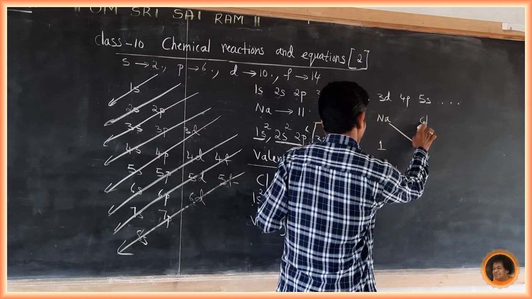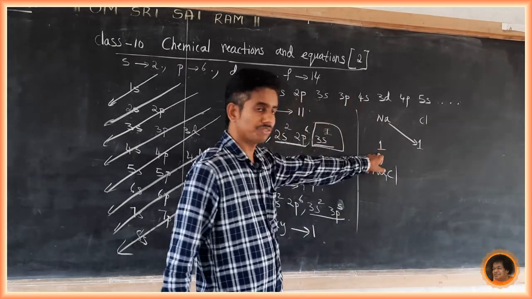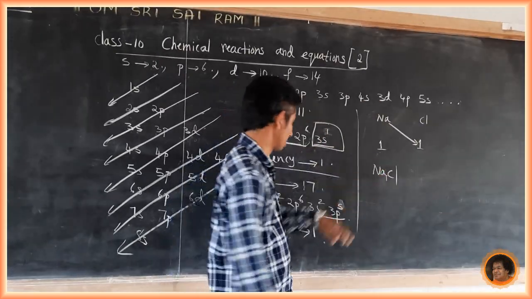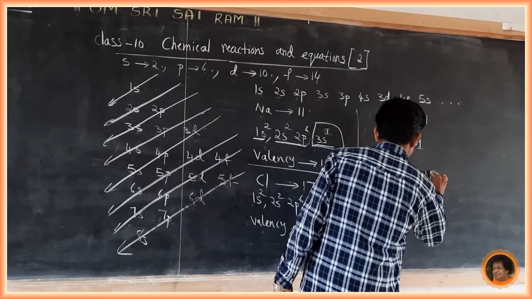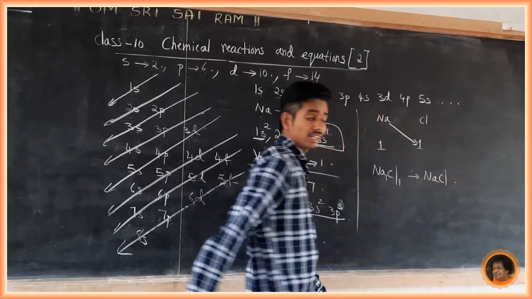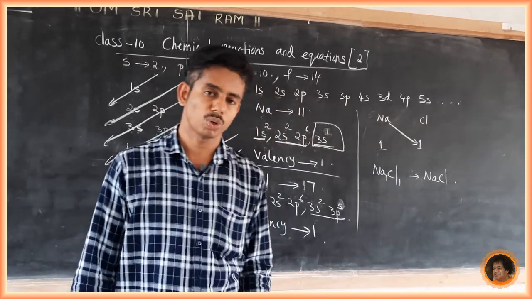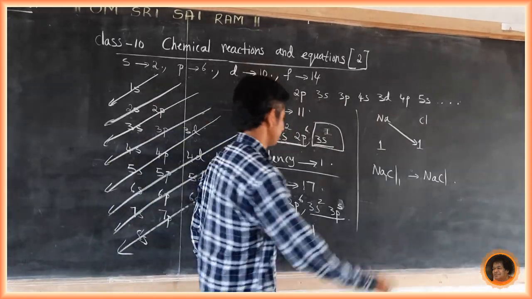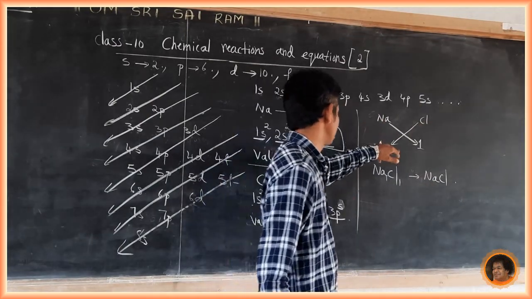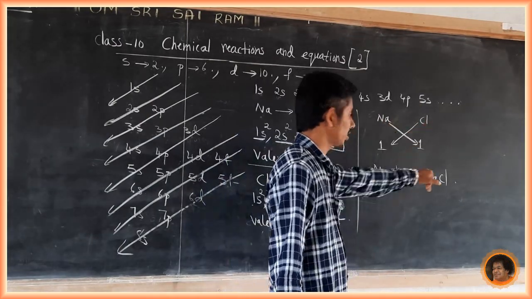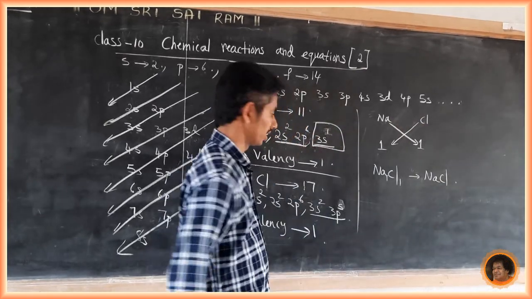Then chlorine gets the valency of sodium. What is the valency of sodium? 1. So, Cl1, or we can write it as NaCl. So, what is the molecular formula of sodium chloride? It is NaCl. Just interchange the valency of sodium and chlorine. Then we get the molecular formula NaCl.